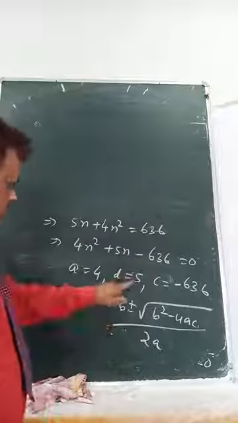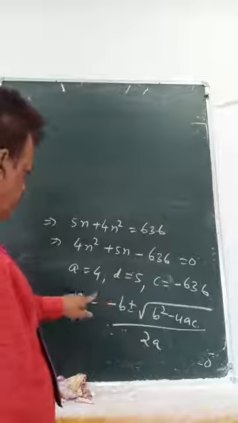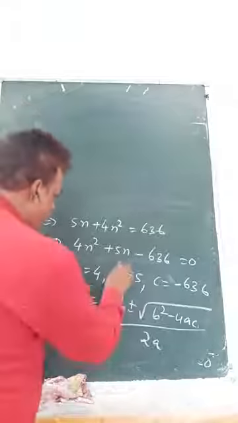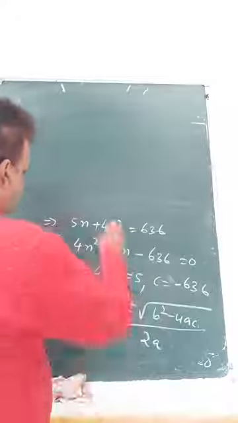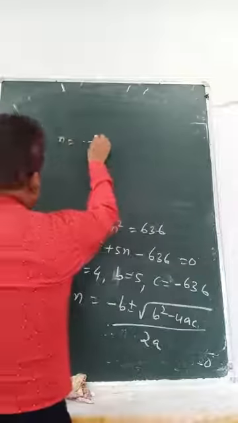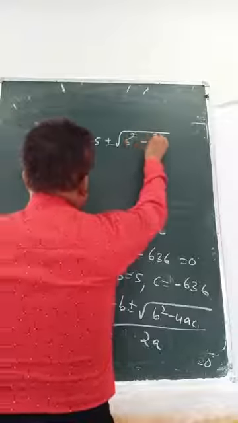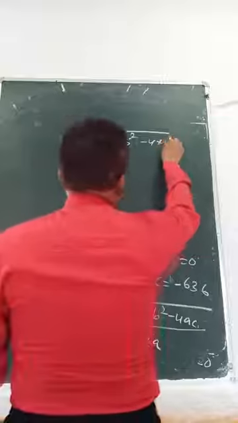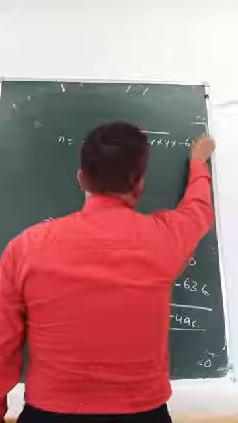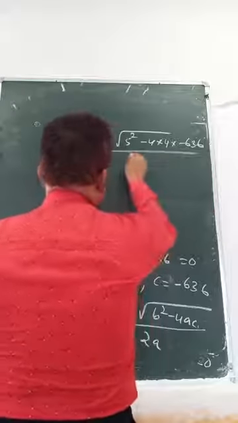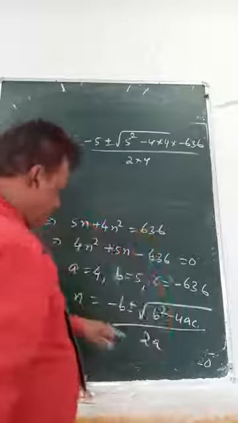So we'll put for b minus 5: n equals minus 5 plus minus square root of 5 square minus 4 into minus 636, by 2 into 4.